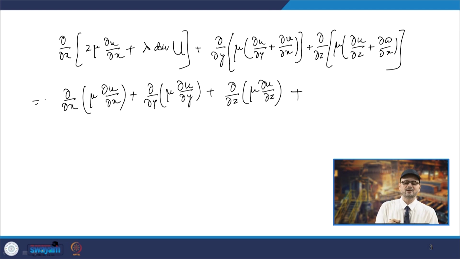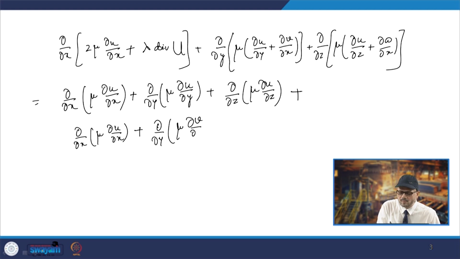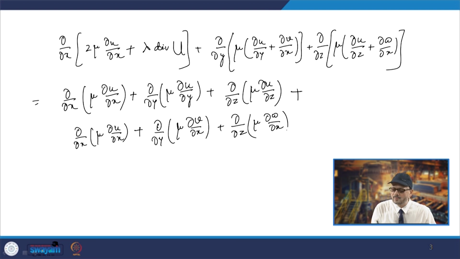Now, you have other terms like dou by dou x of mu dou u by dou x, then dou by dou y of mu dou v by dou x, similarly dou by dou z of mu dou w by dou x, and you are left with the term dou by dou x of lambda div u.